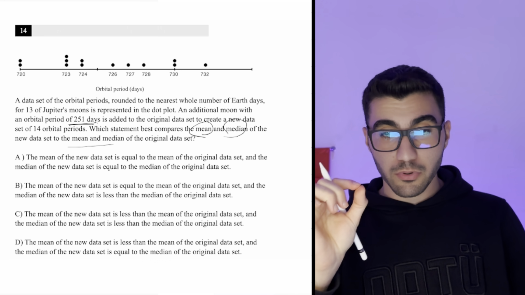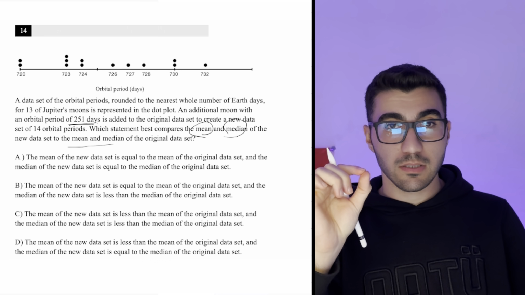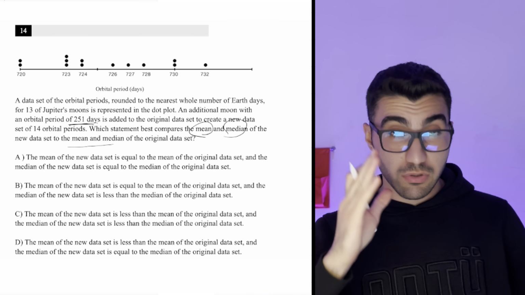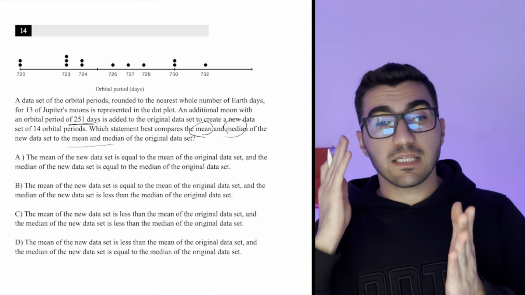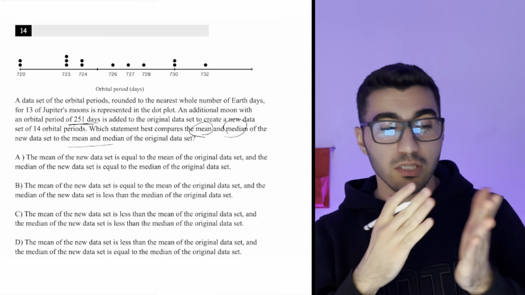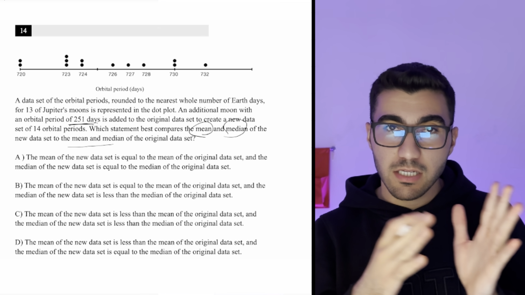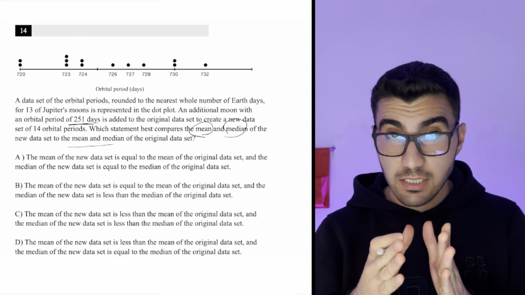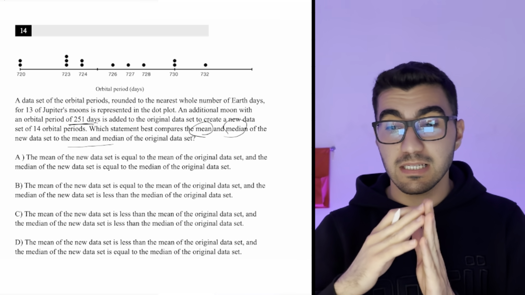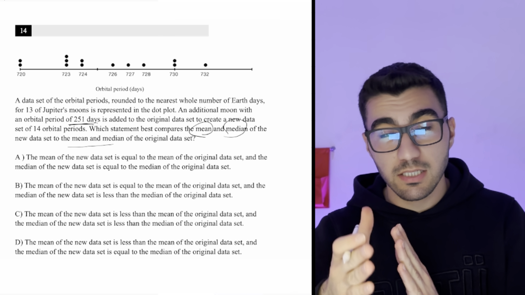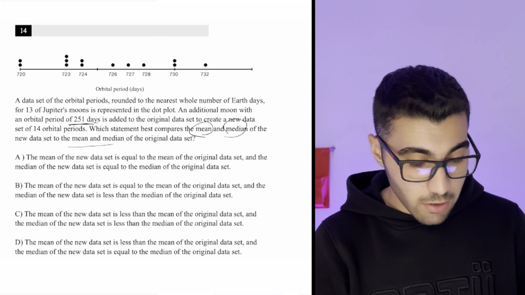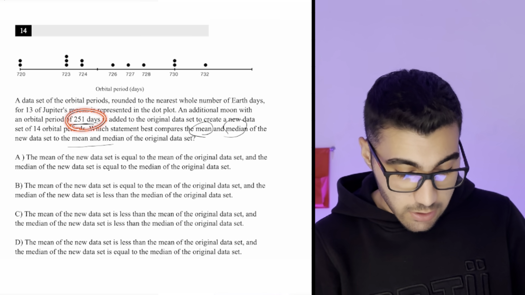Okay, crucial point here: if you're adding new data to a data set that is less than the minimum value in that data set, the mean is going to decrease. If you're adding new data to a data set that is larger than the maximum value in that data set, the mean is going to increase. What do I mean by that? 251, that's what we add here.